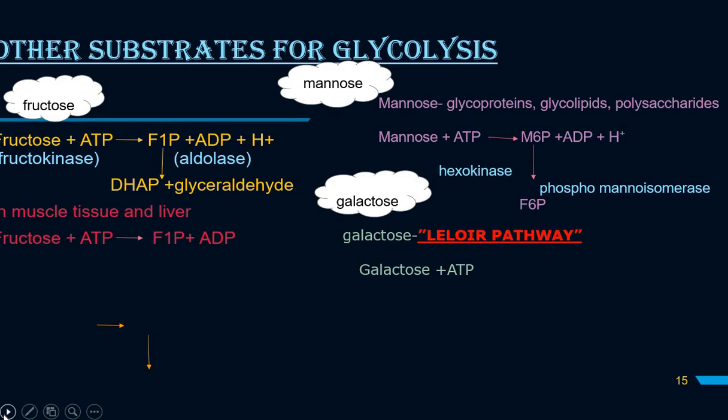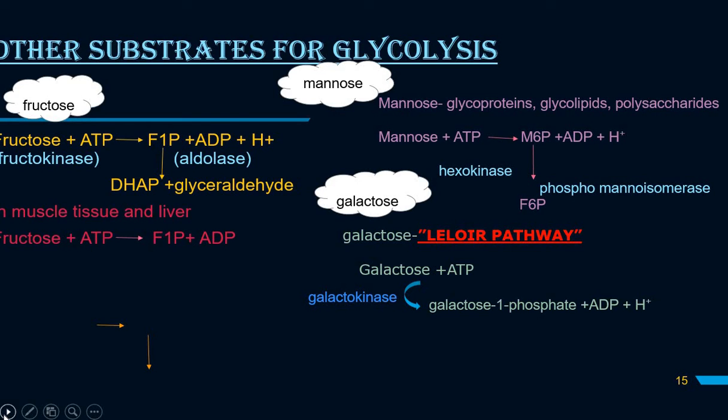Galactose consumes ATP to produce galactose 1-phosphate in presence of galactokinase. The first enzyme common to all three substrates belongs to the kinase family, which shows the transfer of phosphoryl group from the substrate to the product.